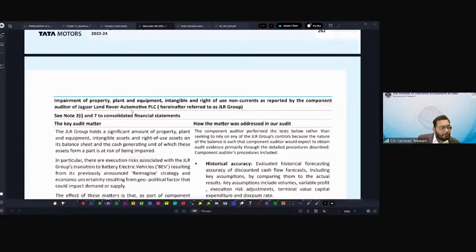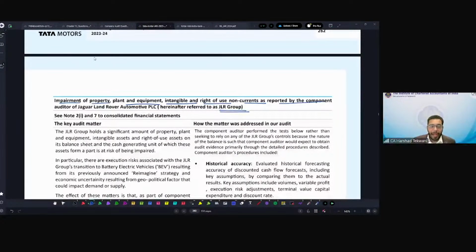And impairment of plant, property, and equipment. Impairment of plant, property, and equipment, intangibles, right of use, non-current assets, as reported by the component. Now, this particular point is not only relevant for the component, it can be relevant for the group. The reason is that a risk identified at the group level, from each and every component, I would expect them to perform some testing on that area so that I can get comfort at the consolidated level.